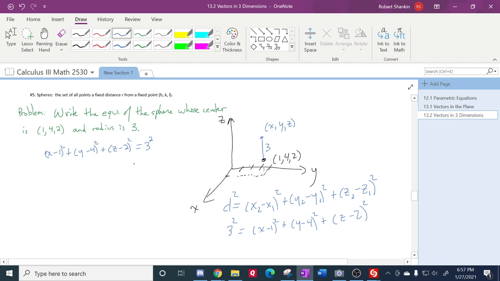This is the equation of a sphere. Not all points (x, y, z) are going to satisfy this equation, only the ones that are precisely 3 units away. If you had a string there, you get to bend this string in every direction, and it maps out the sphere.